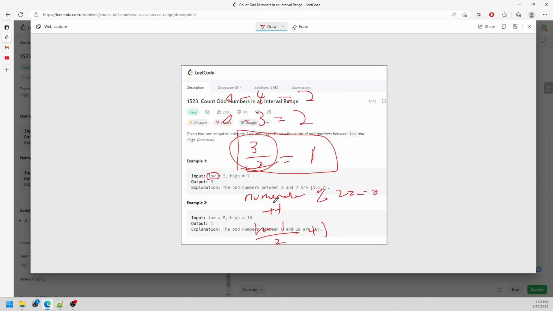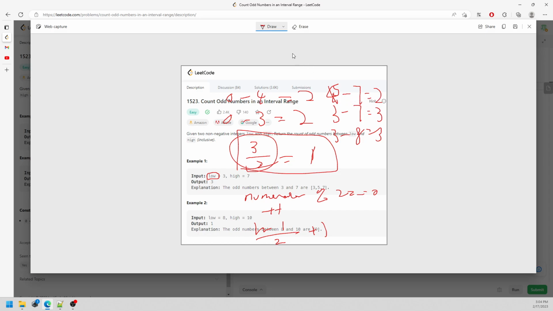So 3 to 7 is 3, 5, 7, which is 3, right? 3 to 8 is still 3. But 4 to 7 should be 5 and 7, which is 2, but we are forcing the 4 to 5. So 5 to 7 is 2.